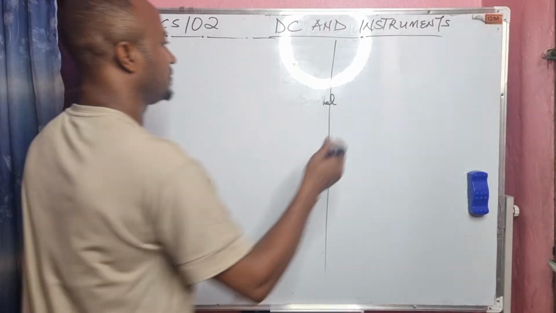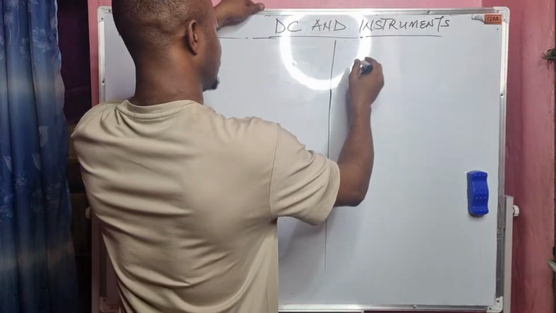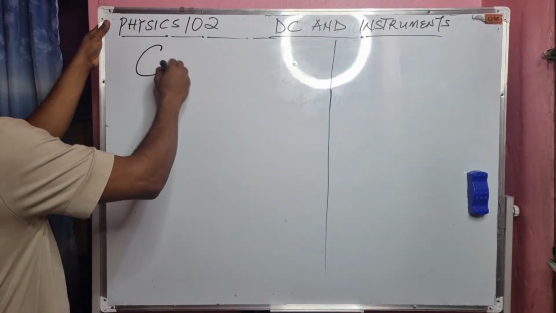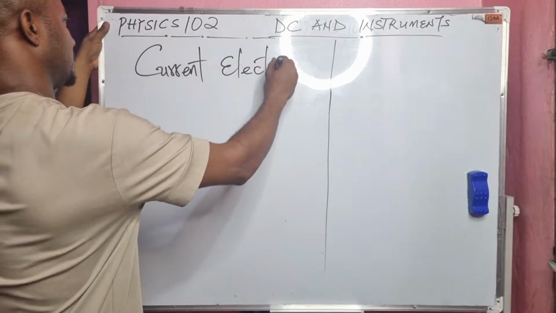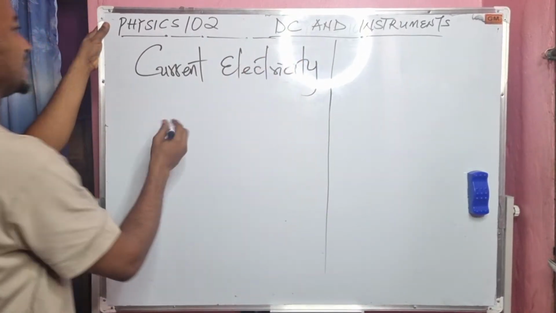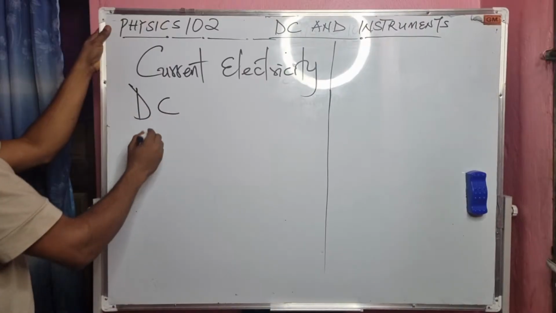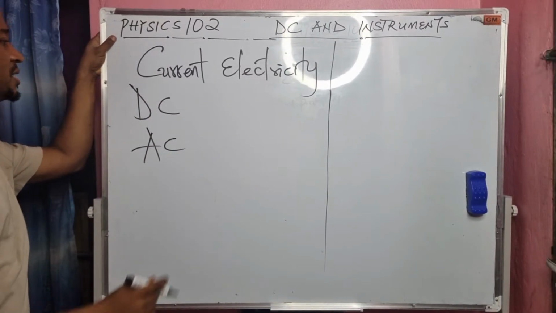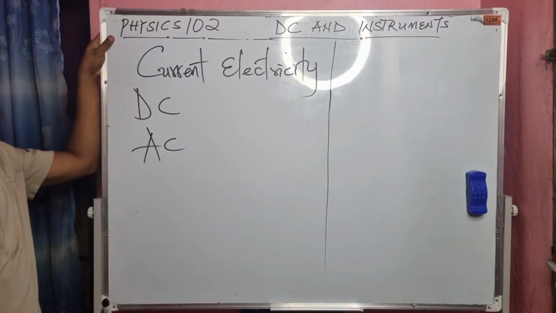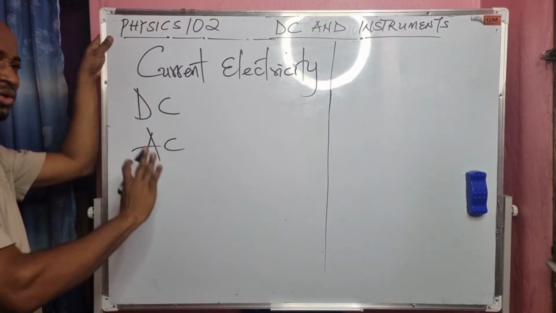Under current electricity, we say that current can either be DC or AC. In today's class, our emphasis will be on DC. DC simply means direct current.